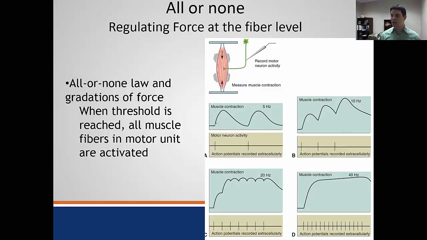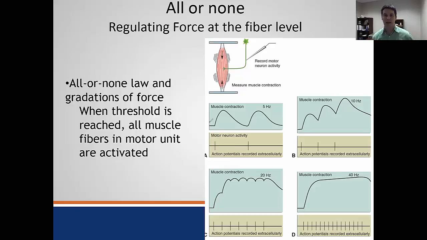So if you send an action potential here, dictated by this line, so motor neuron activity is increased, then we see a muscle contraction. Again, this all or none response is seen here. We get the exact same shape of the curve both times. We go from baseline, muscle contraction, back to rest at baseline, then it's stimulated again to contract by an action potential, and we get the exact same all or none curve.